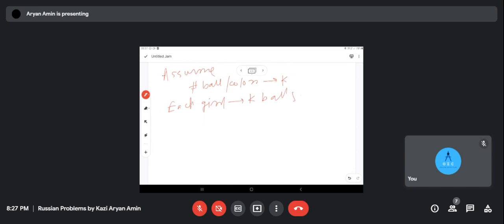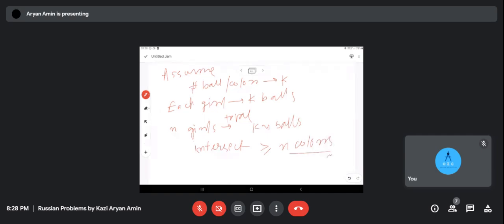As I said at the beginning, if you have seen enough Russian problems, you'd probably be able to guess that one of the values in there is probably fake, and it happens to be the number of balls. So what happens is if you pick any n girls, they have a total of kn balls, hence they must intersect at least n colors.